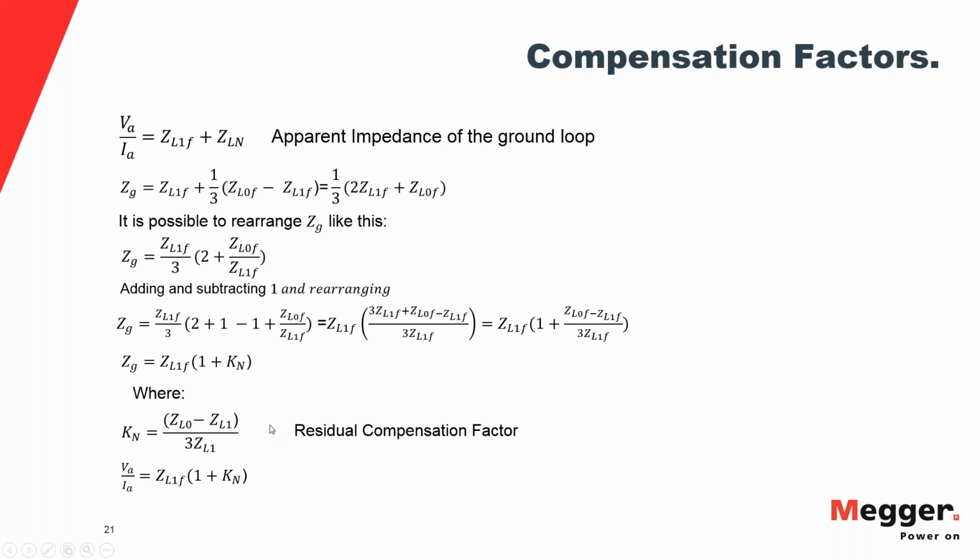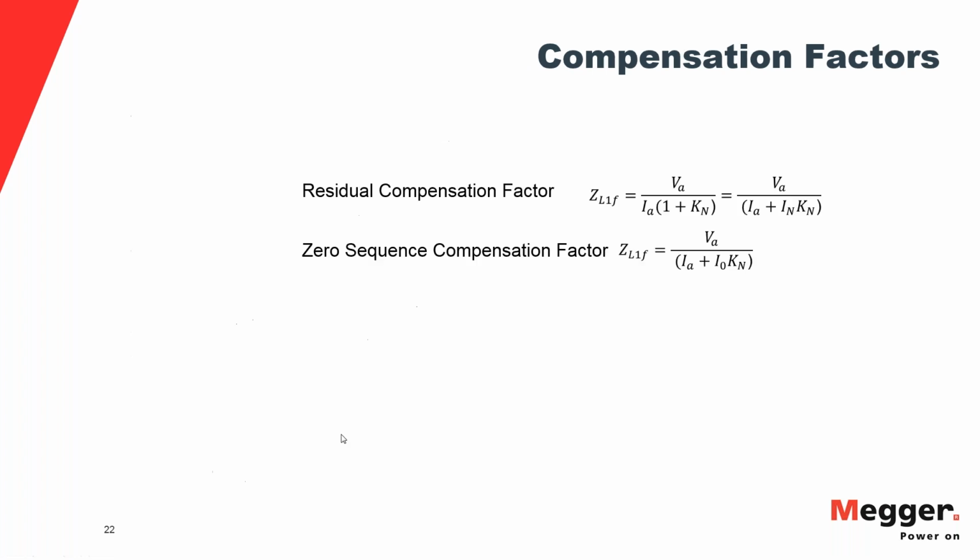I'm sorry, I didn't put it here. We can factor it out, make it 1, and then now we are talking about the residual compensation factor, which is a factor that is given in terms of the absolute zero sequence and positive sequence impedances of the network. So we have these two compensation factors that I wanted to mention here.